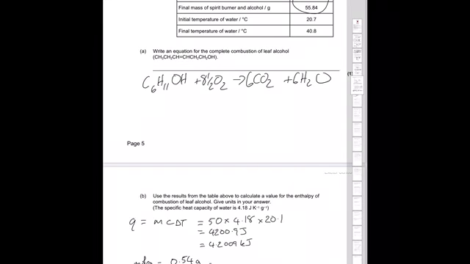What does that equal? Oh, it's 100, I see. Yeah. Okay, that makes sense. So the RFM is 100, so it's 0.54 grams divided by 100 equals 0.0054 moles. And divide your answer by that.